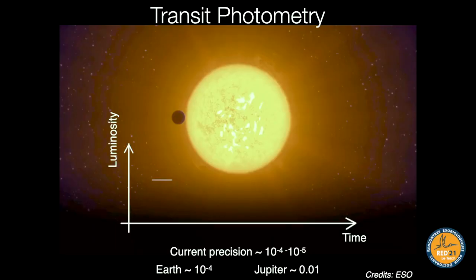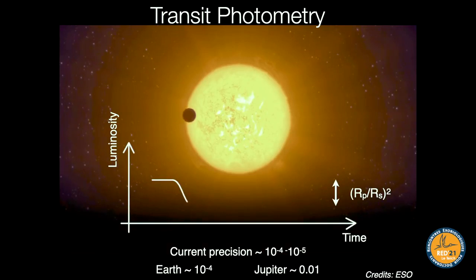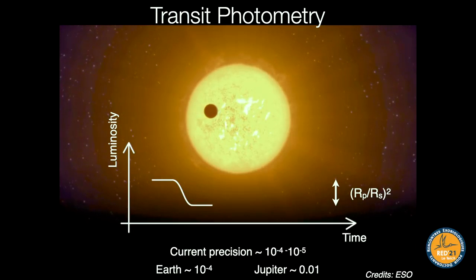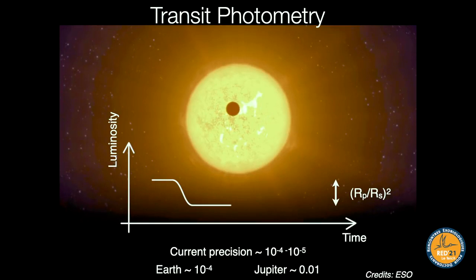Where they come from is transit photometry. So that's a different technique. Now what we're going to look at is, again, the light of the star, but we're going to see that when a planet comes in front of the star, because of the shadow of this planet, the luminosity of the star will drop just a little bit, okay?